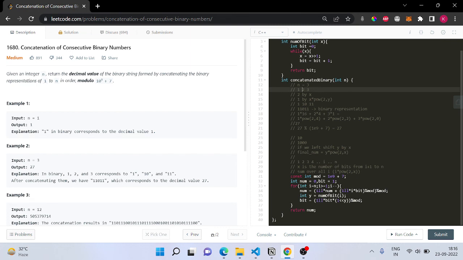So we need to multiply x into 2 to the power y, where y is the number of bits in 2, right? And we need not calculate x because we have it already. So let's see.